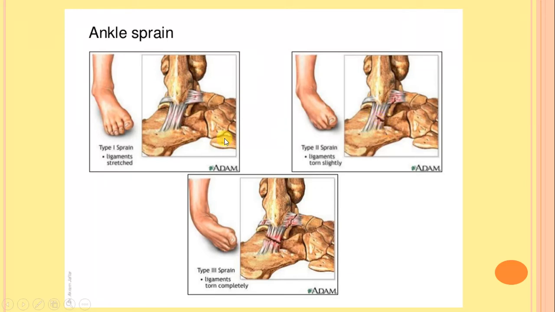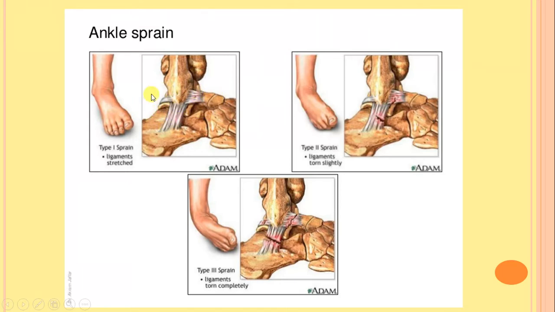Type 1 is when the ligament is only stretched, but in type 2 there is slight tearing of the ligament. And in type 3, the ligament is completely torn. It's a very common injury. In our language it is called Moch.